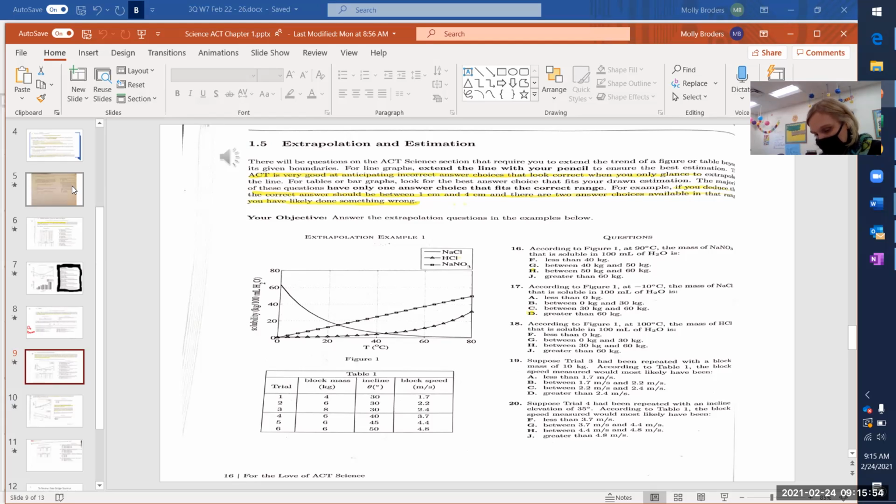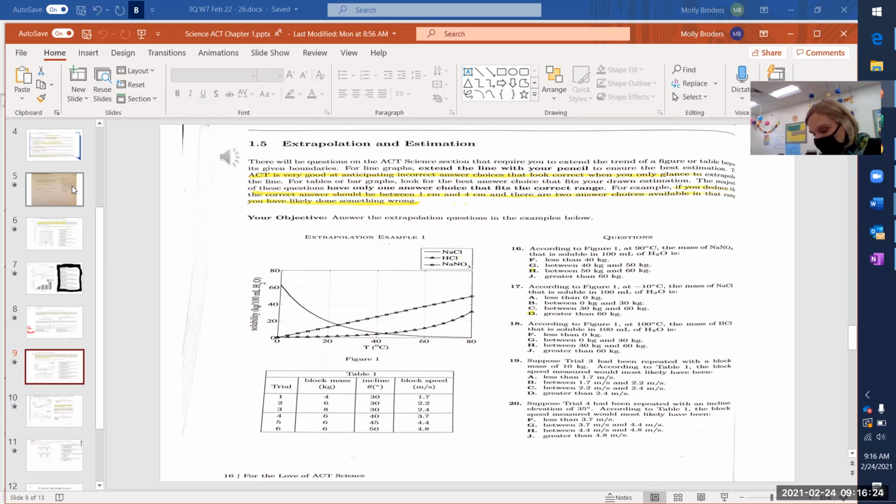And the heavier it is, the faster it's going. Do you agree? When it's 4, it's going 1.7. When it's 6, it's going 2.2. When it's 8, it's going 2.4. So if it's heavier, is it going to go faster than it did when it was 8? Yes. So which one of those would be your answer? Yep. Greater than 2.4. Good.